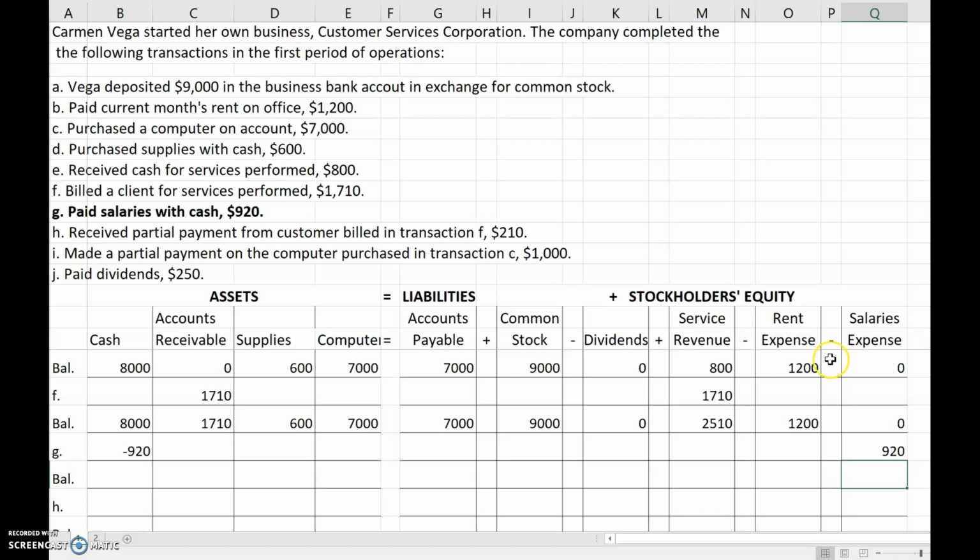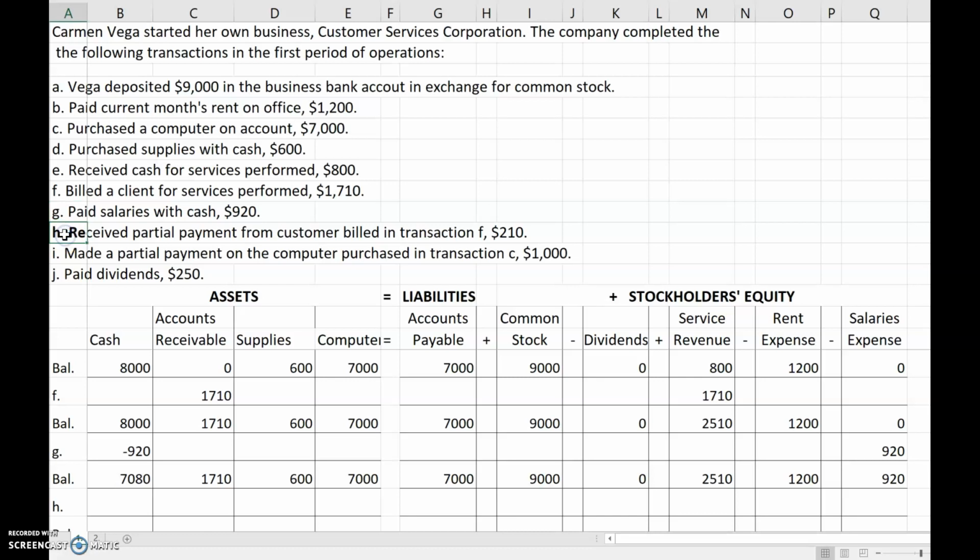So we subtract the total of our salaries expense balance. So now let's get our new balances. 8,000 plus the negative 920, enter, 7,080. We bring down all of our other balances, and then when we get to salaries expense, we bring down the 920.